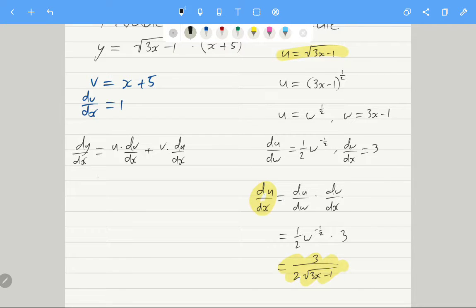So in this case, u is equal to root 3x minus 1. dv dx is 1. V is x plus 5. And du dx is 3 on 2 root 3x minus 1.